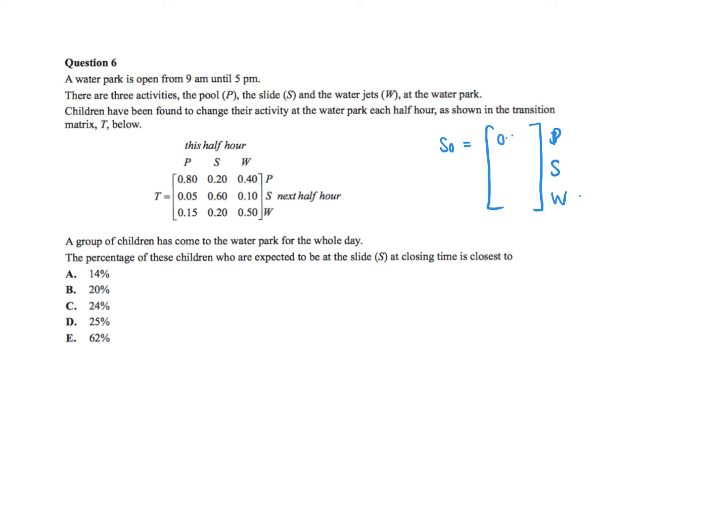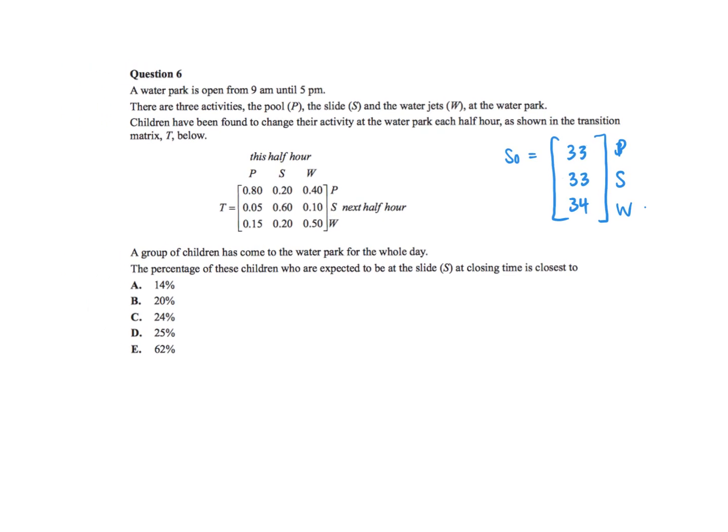I'm going to put just like they split up at the start, so roughly a third in each, so that adds up to 100%. So I've put a percentage of each.